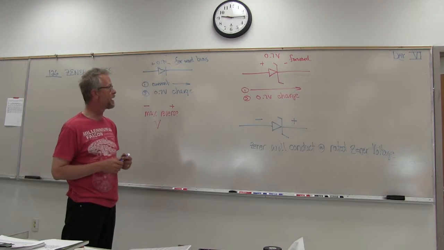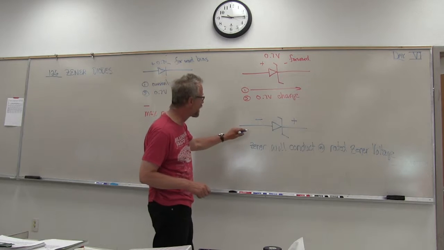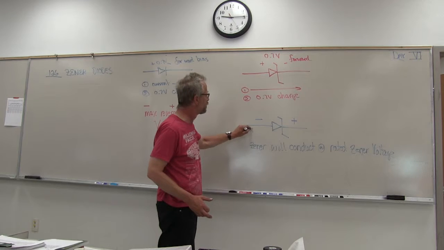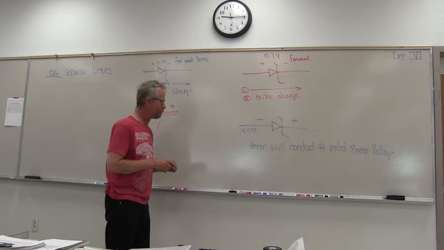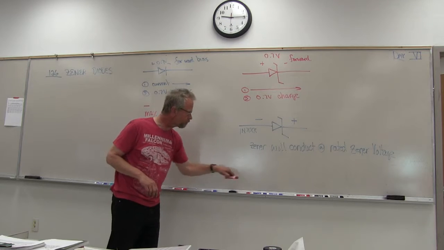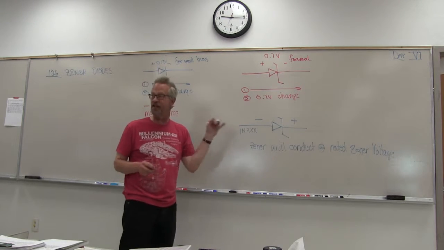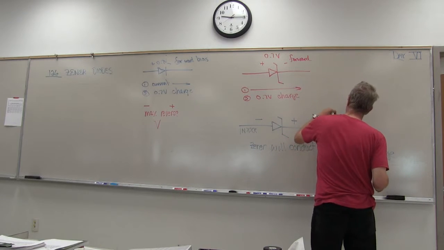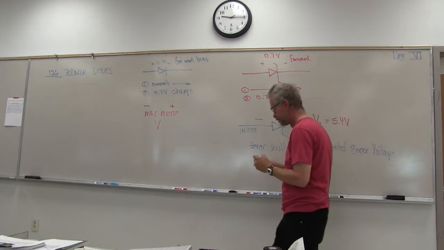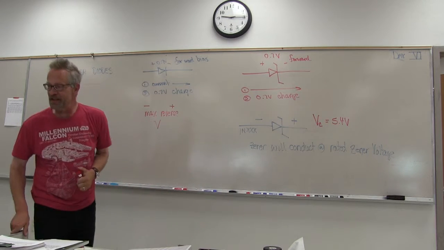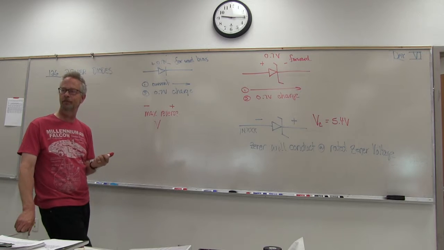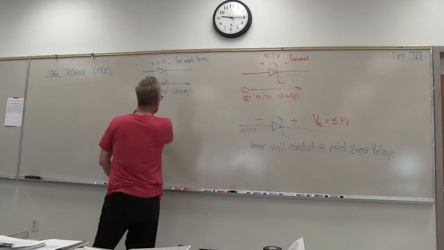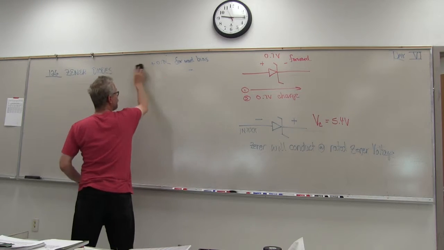So one thing that's different about a Zener diode is that, based on the type of diode and the 1N number that diode lives under, in other words, its part number, on the data sheet for that diode it will say that the Zener voltage VZ is equal to, say, 5.4 volts. So the Zener diode has another number associated with it.